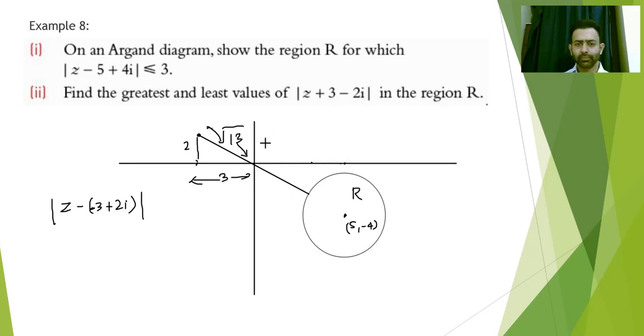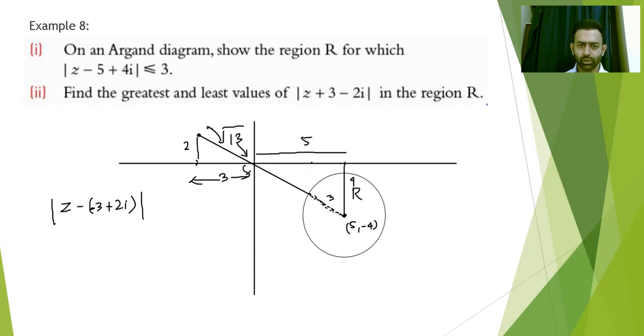And this horizontal distance is 5. This vertical distance is 4. So this distance, let me draw this using a dotted line, right? This radius is 3, right?